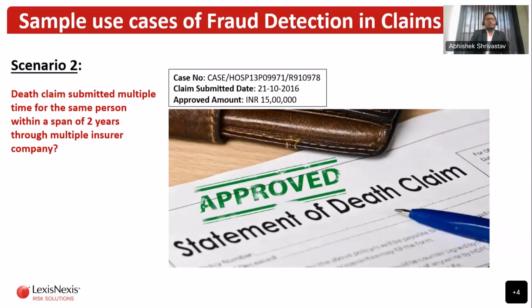So when we are talking about death claim cases, the amount is quite high. If we get such cases once or twice a month, then a big chunk of money is going out of the company.